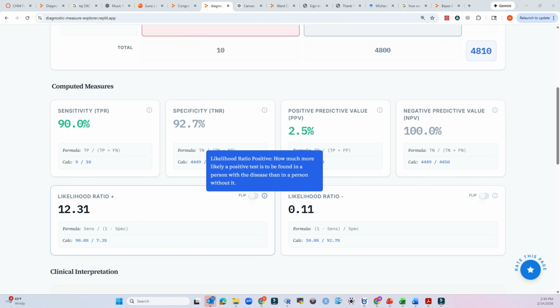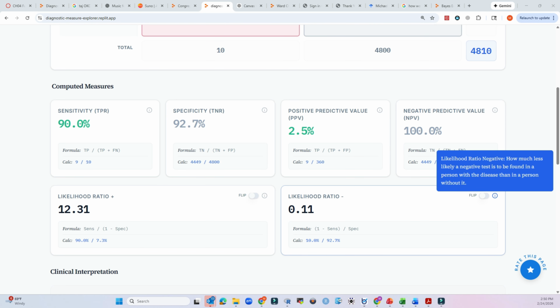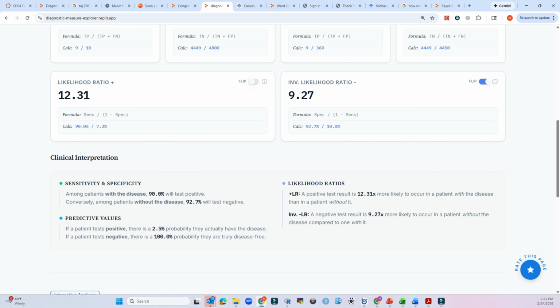So someone with the disease is 12.3 times more likely to get a positive test than someone without the genetic disorder. Similarly, the negative likelihood ratio test tells us how likely someone is to get a negative test result if they have the disease relative to someone without it. Under that are some clinical interpretations of all of those quantities that help solidify what those measures mean.